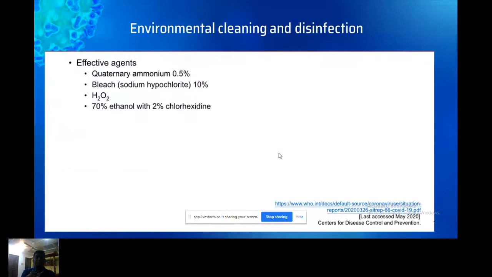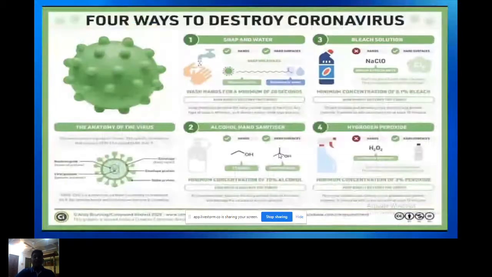Then bleaching agents like sodium hypochlorite solution, then hydrogen peroxide, H2O2, and 70% ethanol based solutions, with 2% chlorhexidine, or any alcohol-based hand sanitizer where the minimum concentration of ethanol is 70%. So these are the important things, and you can see in this diagram 4 ways to destroy the coronavirus. The first I have already mentioned: soap and water is the best, and you know the reason why soap is best.